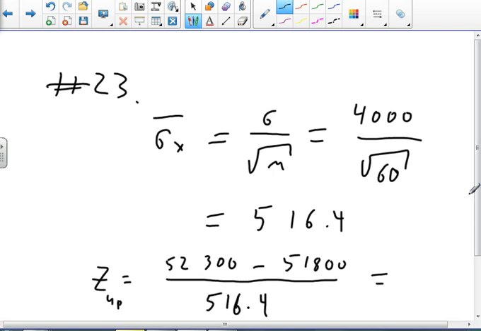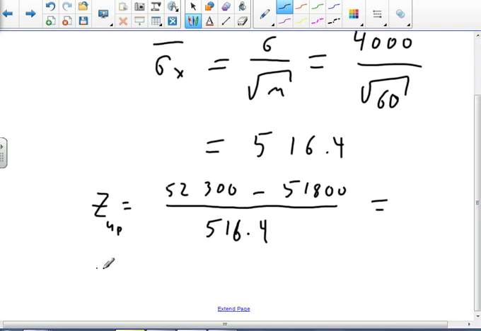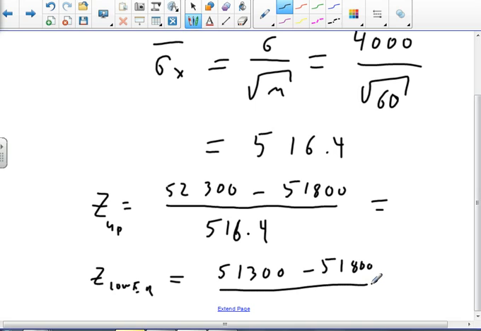So there's the upper z value, and then we want the lower z value, 500 less than that: 51,300 minus 51,800 divided by 516.4.